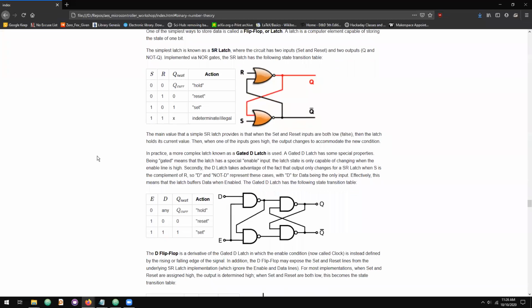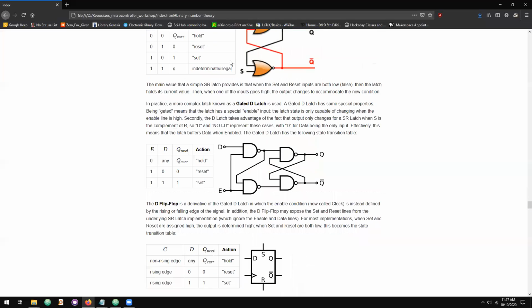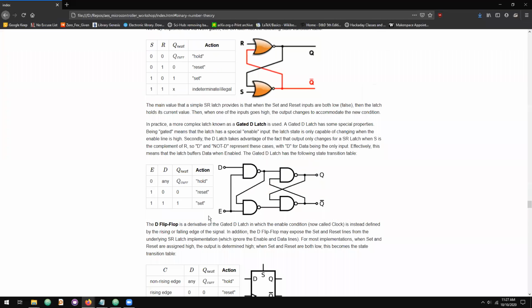There are different kinds of latches. An additional kind of latch is called the gated D latch. The inputs are now different, so the state machine has changed slightly.